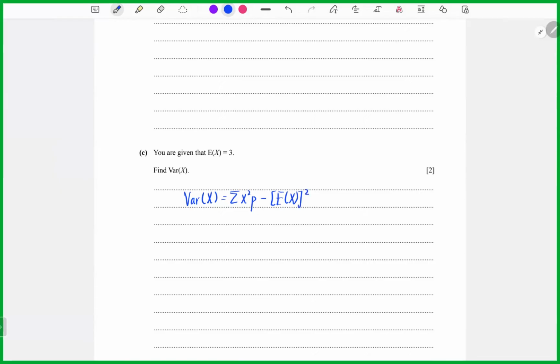Also can, no problem. So now you can take 2 squared multiplied by 3 over 14, plus 3 squared times 4 over 7, plus 4 squared times 3 over 14, minus 3 squared. Wait a minute, I calculate first.